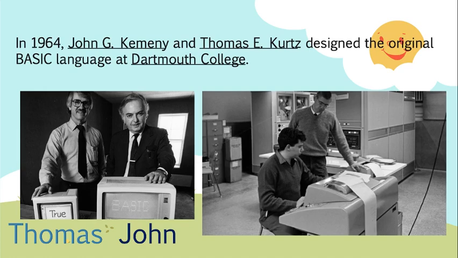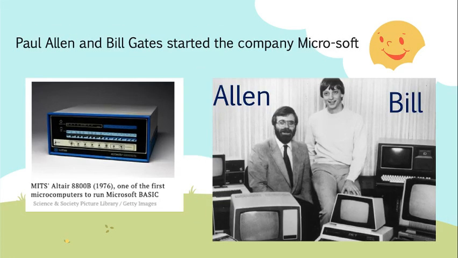In 1975, the product of learning BASIC using teletype machine, there are Paul Allen and Bill Gates, get interested in one machine named MIT's Altair 8800B. They write BASIC and tested using simulator to make it compatible with the new machine and offer it to the company.